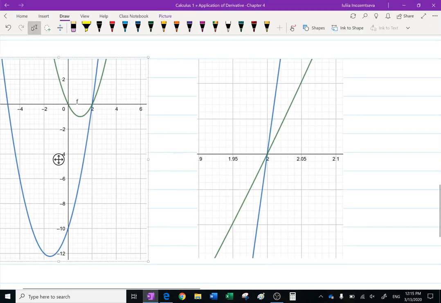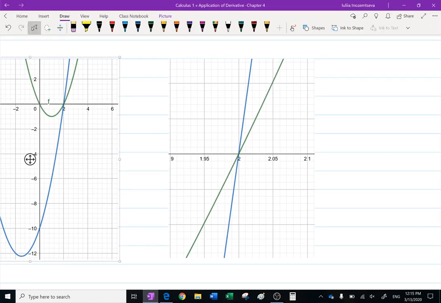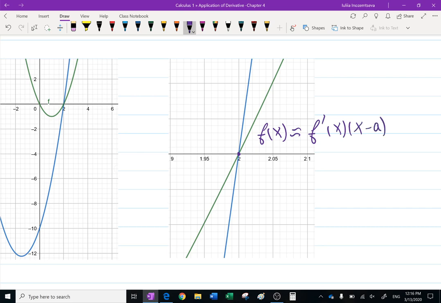I made a screenshot for the zooming in picture, and I will remind you that using both ideas of tangent, of the equation of a tangent line and linear approximation, I can tell you that in each case, over here, very close to 2 when we zoomed in, I can say that the function f of x, any of the function, will be approximately a derivative of that function, and then x minus the point, in this case 2, right?